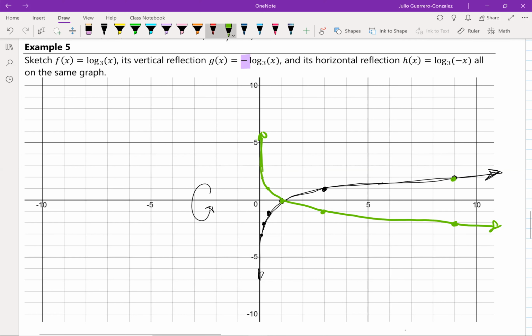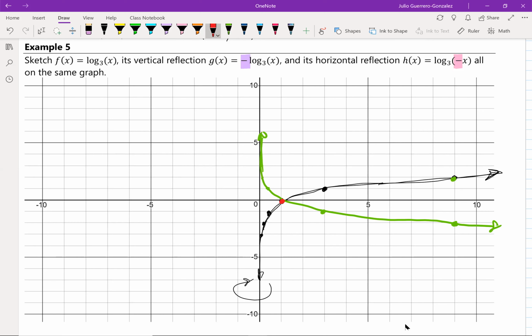Yep. Okay. This negative, if it's inside the x, what happens? It reflects across the y. Right. So in this case, we're doing this time. Same thing happens, except we're flipping it the other way. So this point gets to go here.